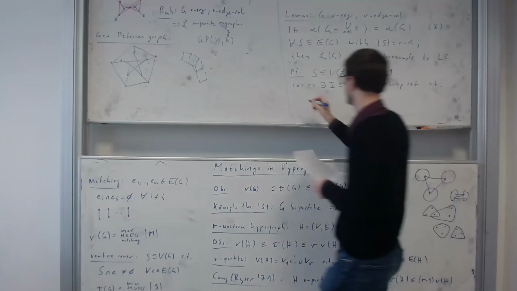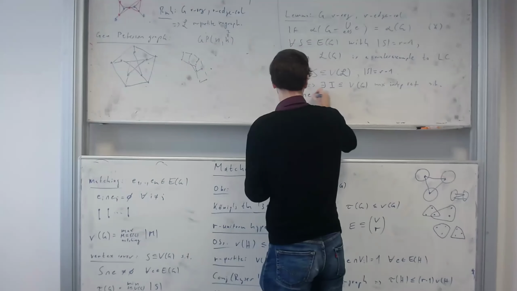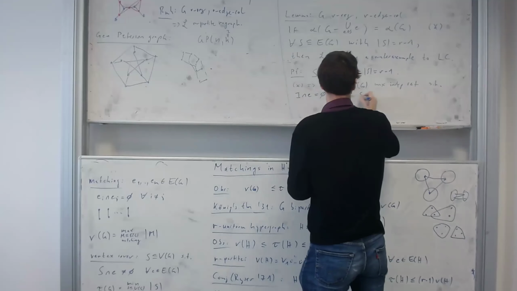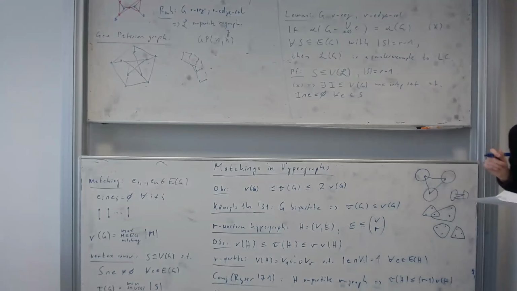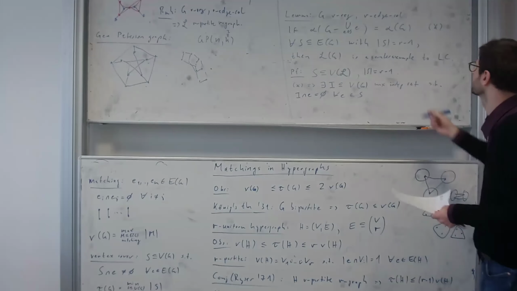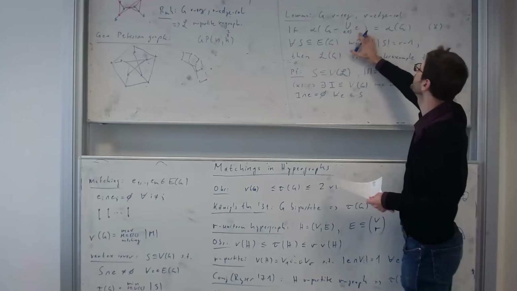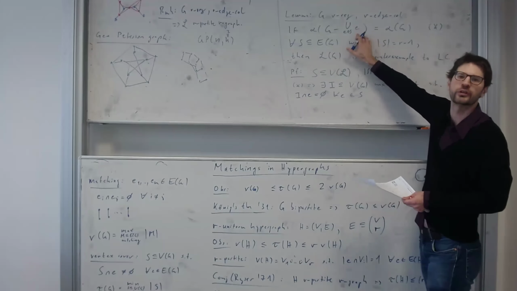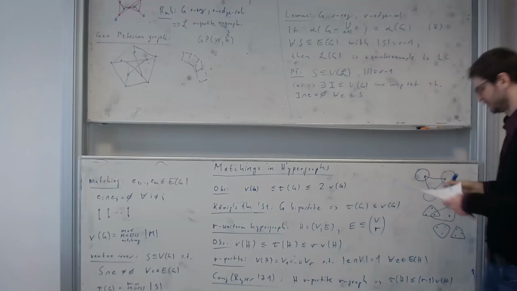Such that E intersecting E equals the empty set for all edges in S. Right? Because the independence number stays the same, so we find one maximum independent set which avoids these when we delete this. And this is a union of the edges here, right? So I'm removing all vertices which are appearing in some edge.